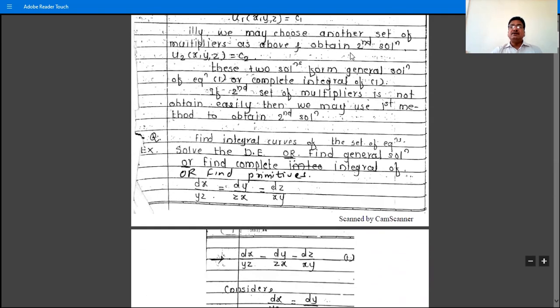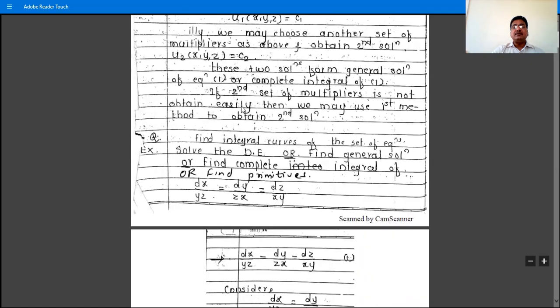Again find the second solution by integrating. Suppose we have u2(x, y, z) equal to c2, and this is the second solution. Then combined, these two solutions u1(x, y, z) equal to c1 and u2(x, y, z) equal to c2 form the general solution, or complete integral, of the given differential equation.